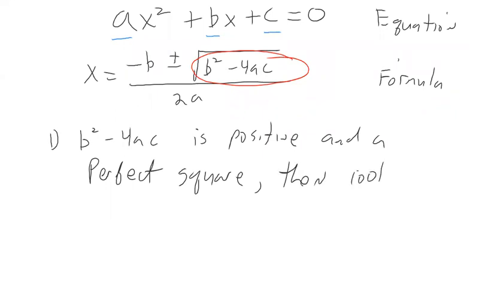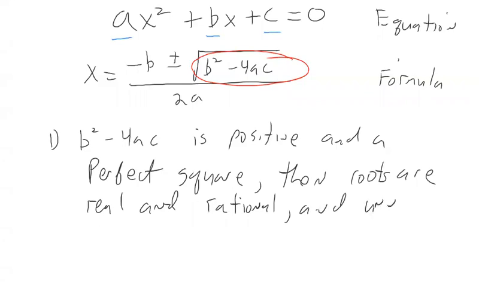which means the answer, roots means answer. The roots are real and rational, which means you can put it in fraction form, and unequal, which means you have two answers, right? And the reason you have two answers is because of the plus minus here.